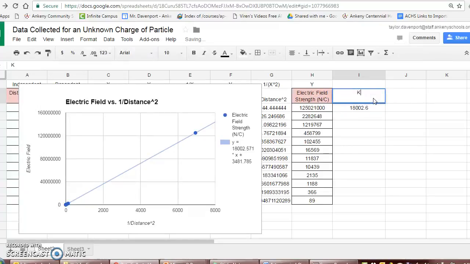That constant in this case is 9 times 10 to the 9th. So if we just want to isolate charge from the slope, we would assume that this is equal to the constant combined with the charge. And so we would divide our slope by the constant, and we get, just like we did in the last video, 2 microcoulombs.